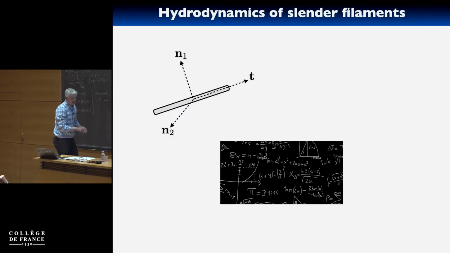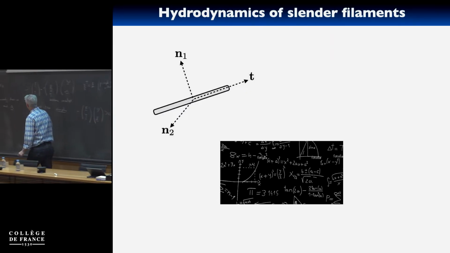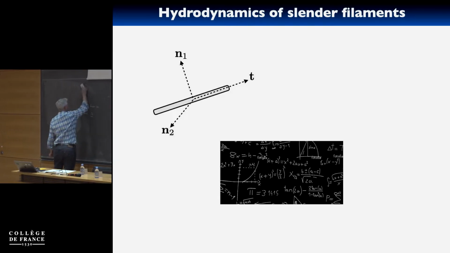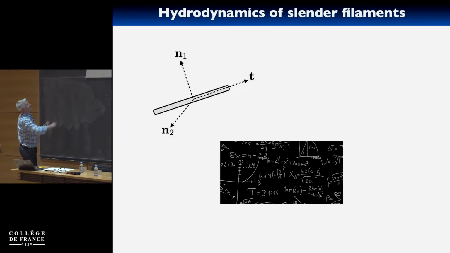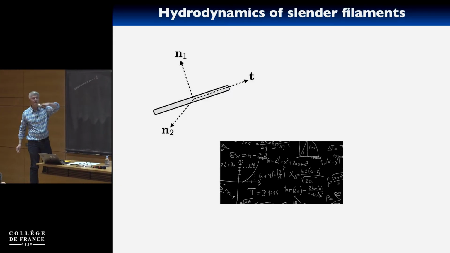Now, flagella are not any shaped body, they're slender filaments, they're slender bodies. So if I have a body that is elongated, then I can simplify this a little bit further. I can say, let me consider the filament in an intrinsic frame of reference that is some sort of symmetry axis of the filament. I'm going to call T the axis, T as in tangent, along the elongated axis of the filament.